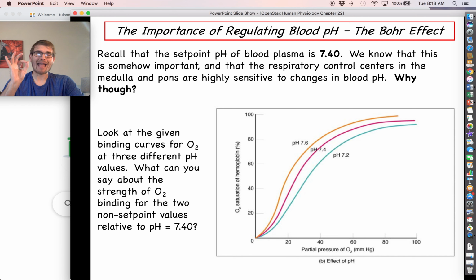But think about what would happen as you make your way from the left ventricle out through the aorta and into the systemic capillaries. If hemoglobin is holding on to oxygen too tightly, what is not going to happen? You are not going to be able to deliver that oxygen very effectively, because rather than let go of the oxygen and deliver it, the hemoglobin is going to want to hold on to it too tightly.